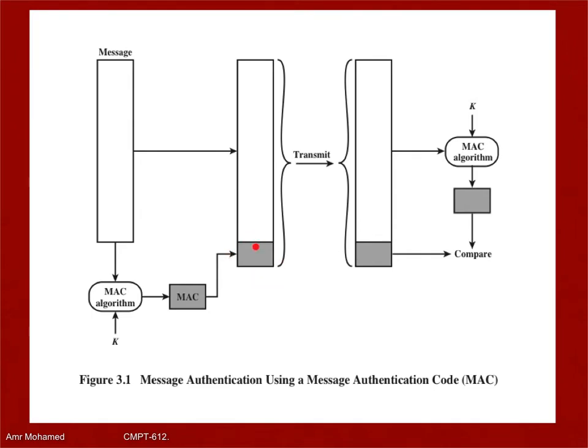This Hmac is fixed size, and we'll see how from an arbitrary sized message we get a fixed size Hmac. So we send this as one unit. On the other side, we take the same message, generate the Hmac from it, and then we compare it.